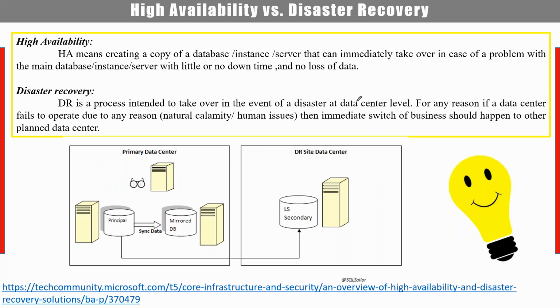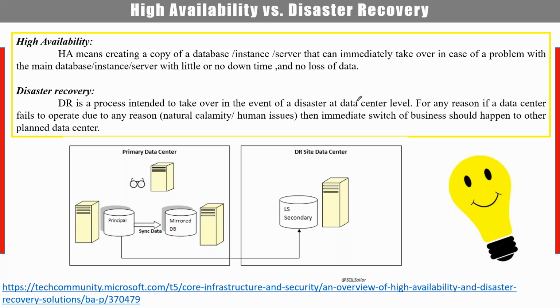High availability means creating a copy of the database, instance, or server that can immediately take over in case of a problem with the main database, instance, or server, with little or no downtime and no loss of data. It means you are maintaining one more copy of the database, instance, or server that will take over immediately with minimal downtime.